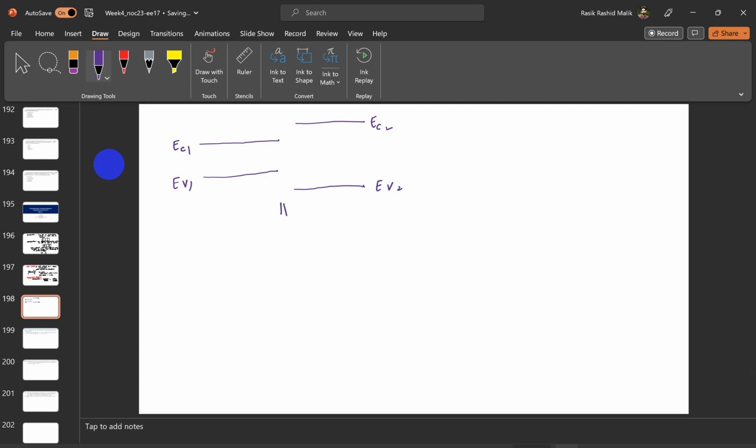So here in this case, the band gap of the wider material completely overlaps the band gap of the narrower material.